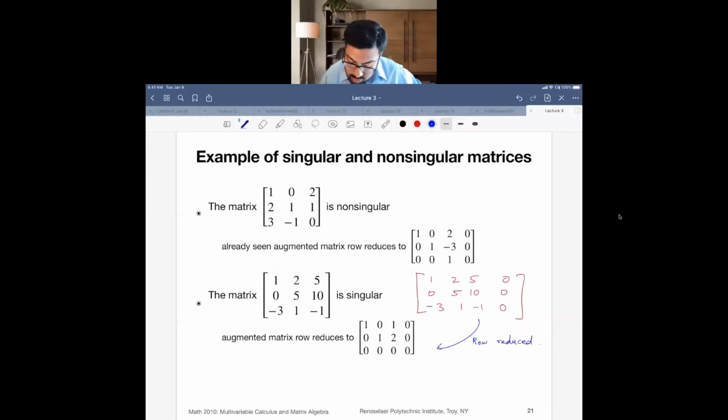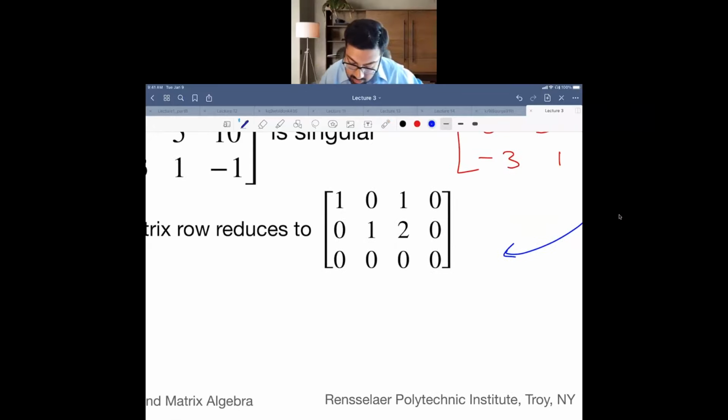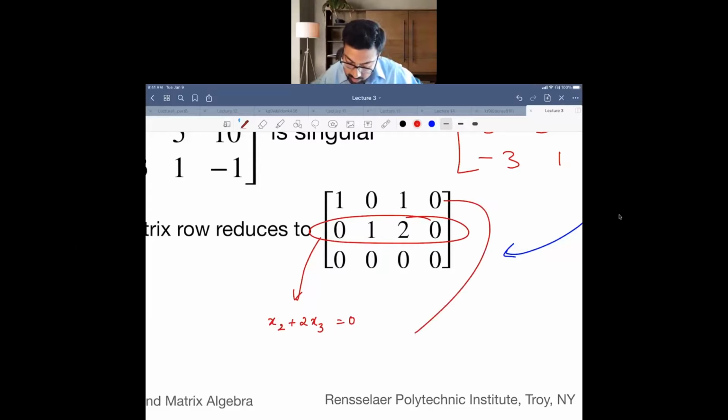From here, what we can say is x2 plus 2x3 equals 0, and x1 plus x3 equals 0.